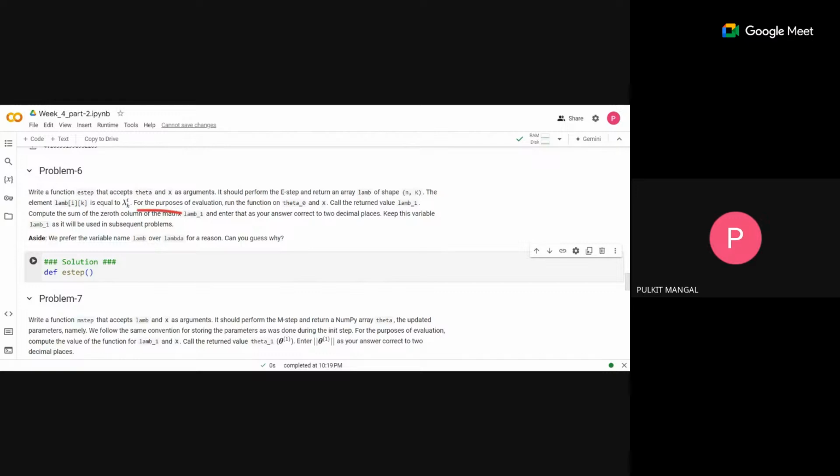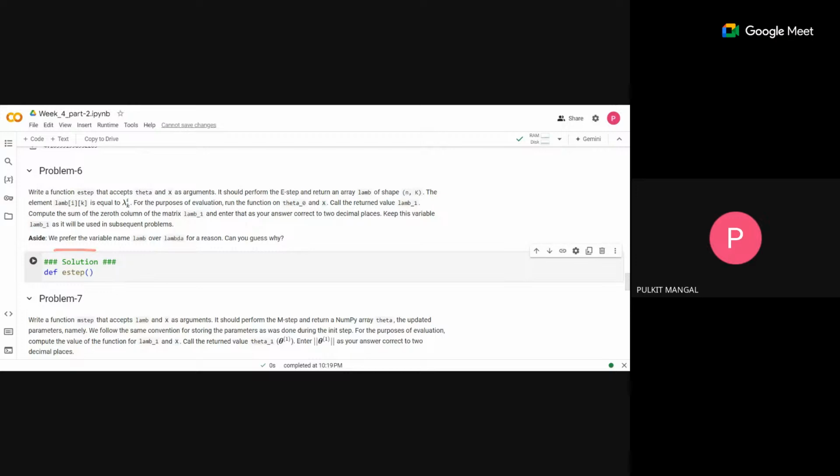For the purpose of evaluation, run the function on theta naught and x that we calculated before. Call the returned value lamb1, compute the sum of the 0th column of matrix lamb1 and enter that as your answer.